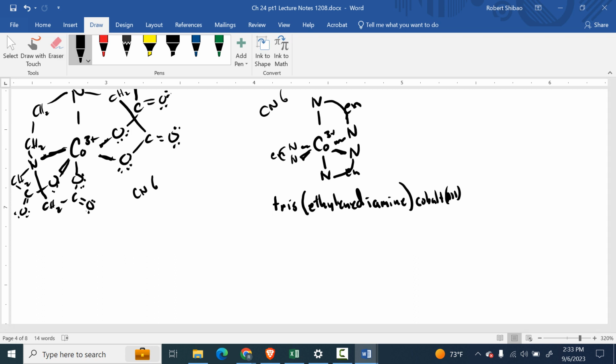When we name it, we name the ligands first. When we write the formula, we put it in square brackets. That's to indicate it's a complex. And so we write the central metal first. And then here we can use the abbreviation if we want, or we can write the complete formula. And so we will just write this as cobalt en sub 3, 3 plus. This is the cation. That would be it.